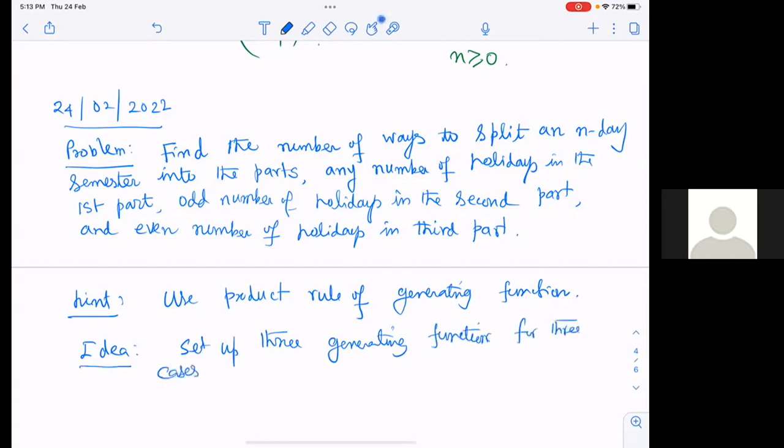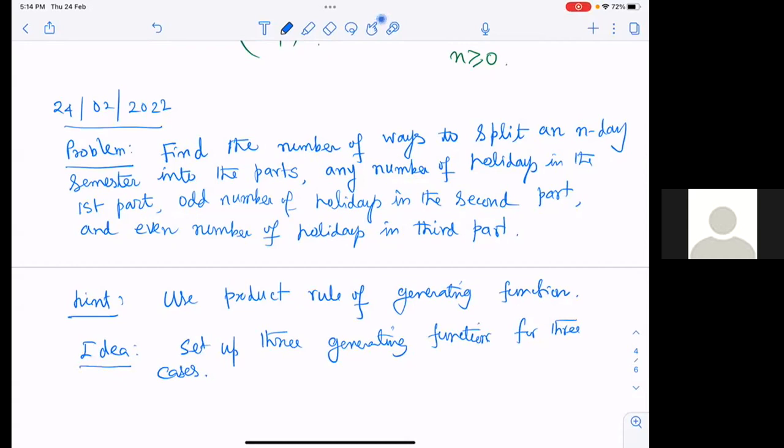So there are 3 cases, right? The first could contribute any number of holidays, the second should contribute an odd number, and the third an even number. So these are the 3 different situations, and we want to construct 3 generating functions for these 3 cases. And then naturally what you will take is a product, right?